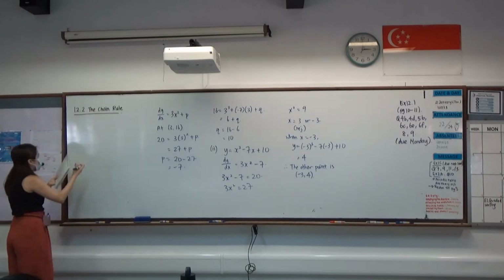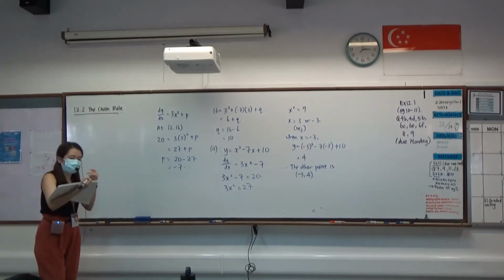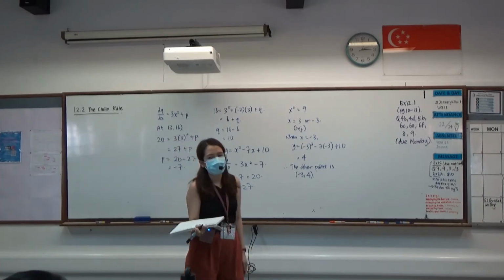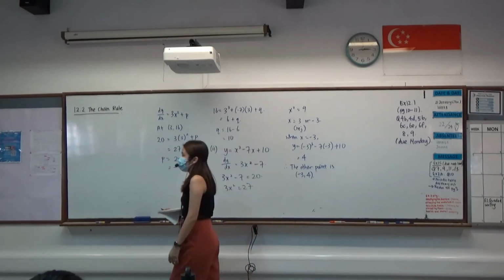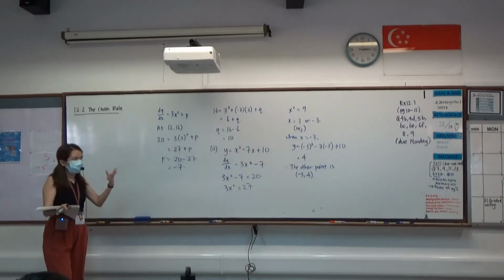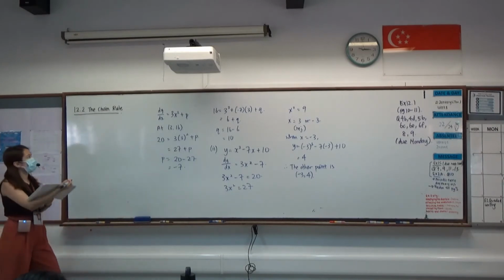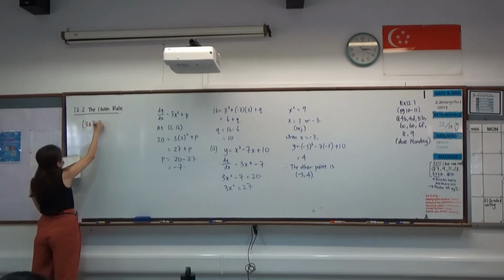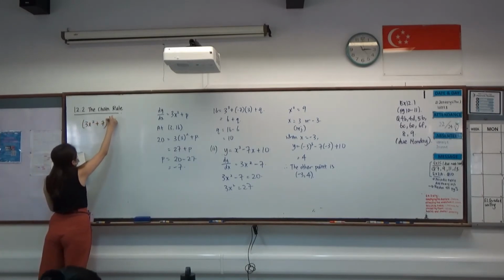Okay, next we are going to be looking at chain rule. Chain rule is a very useful tool that will help us to go about differentiating equations or expressions that look like maybe (3x squared plus 7) to the power of 5.